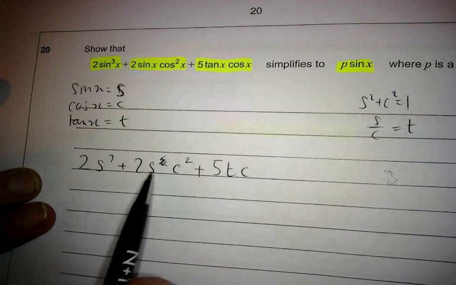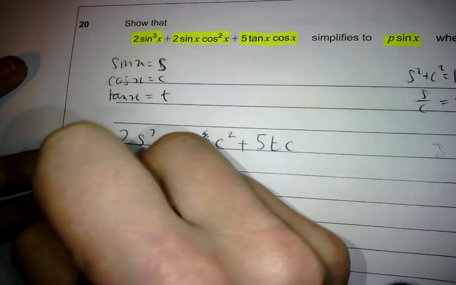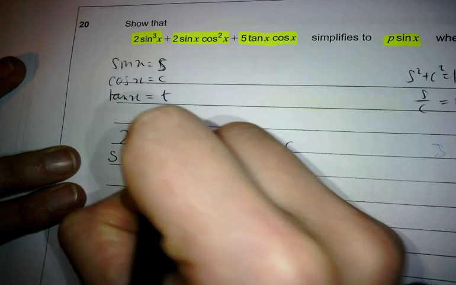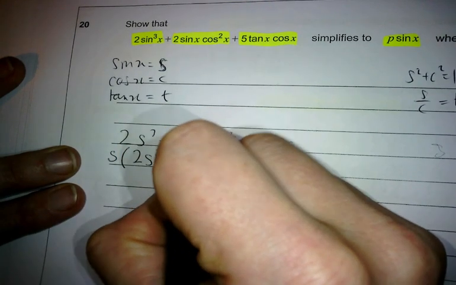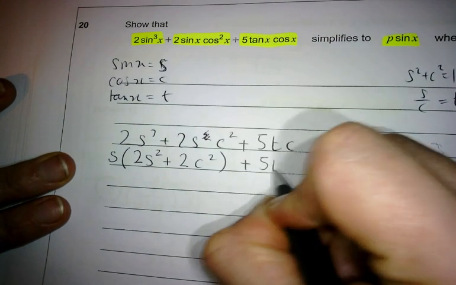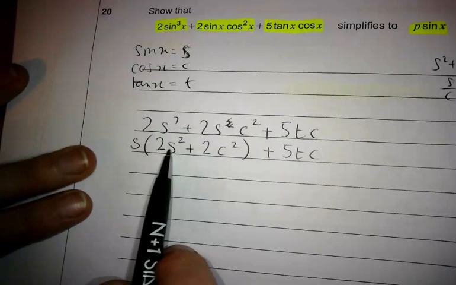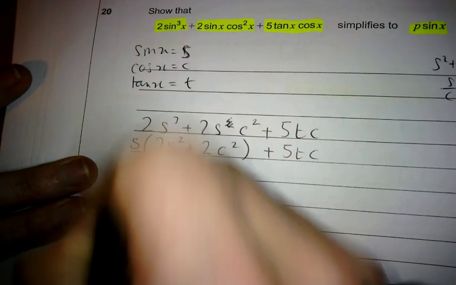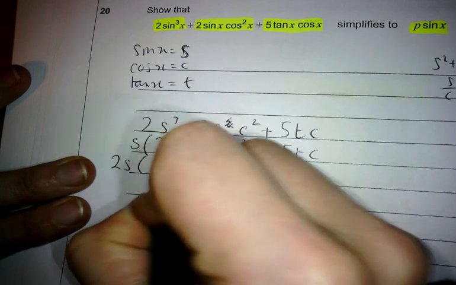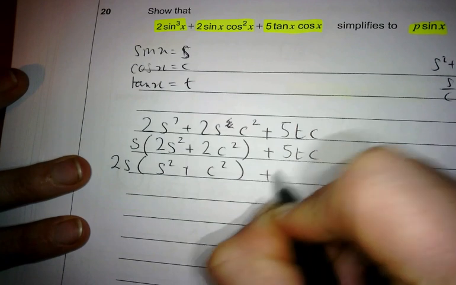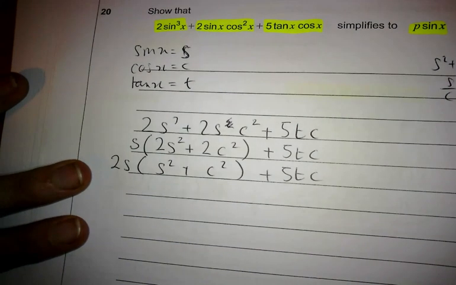I've got a common factor of s in those first two terms. I'm going to pull that outside of a bracket. So I've got s lots of 2s squared plus 2c squared, and then just plus 5tc. 2s squared plus 2c squared, I've got a common factor of 2, I'm going to pull outside of a bracket. 2s lots of s squared plus c squared plus 5tc.